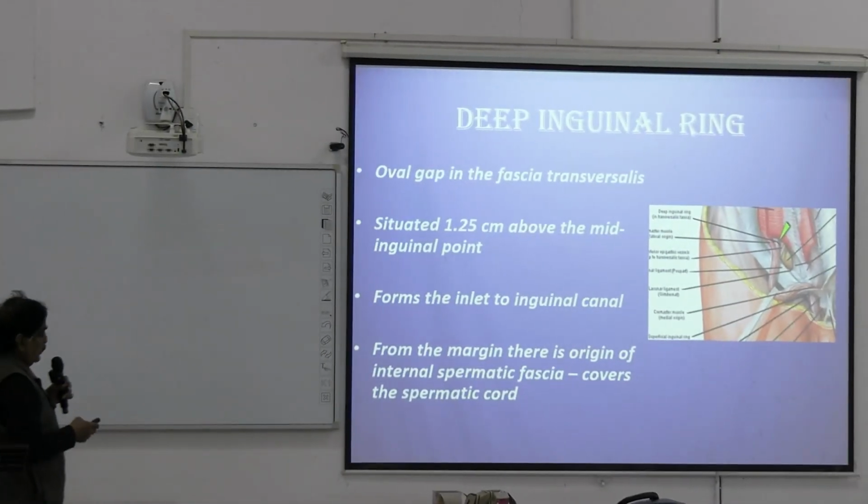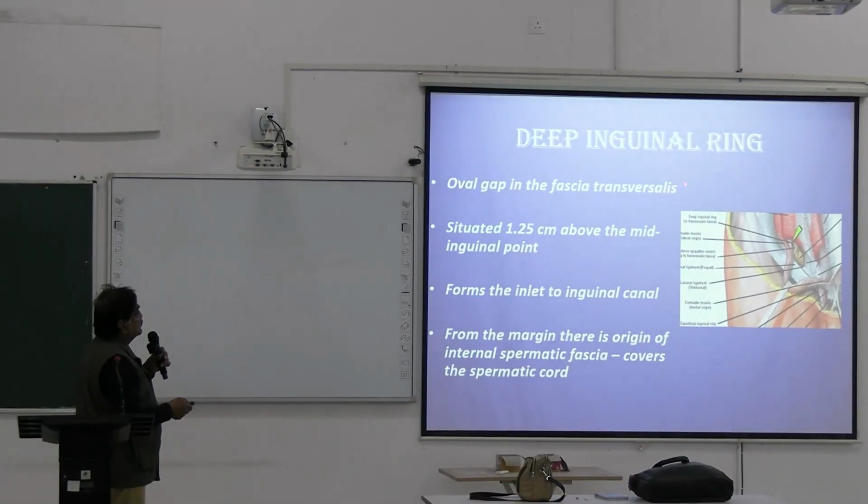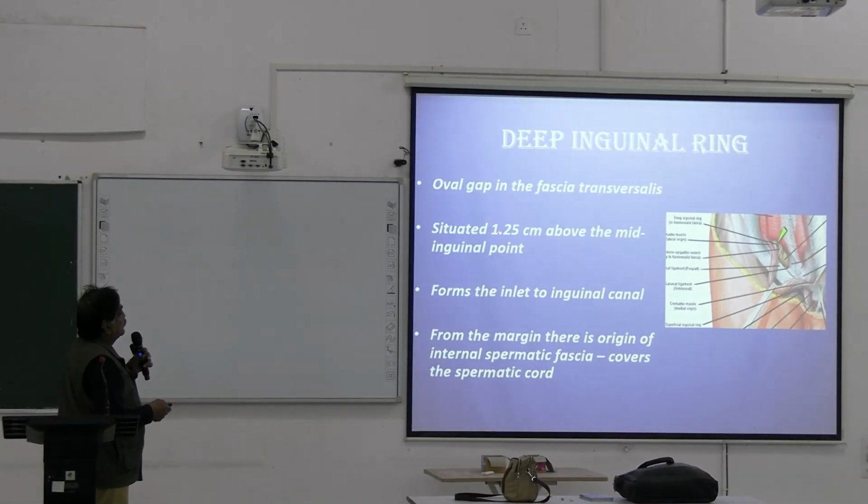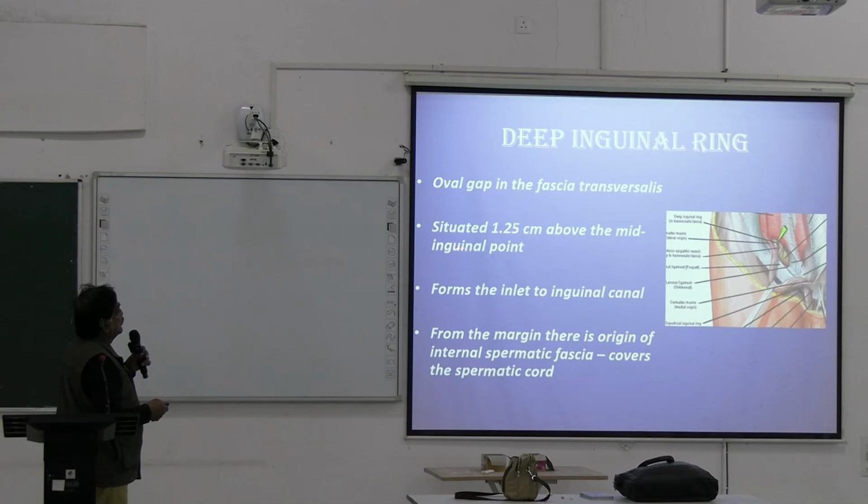Now, deep inguinal ring, it's an oval gap in the fascia transversalis situated 1.25 centimeters above the mid-inguinal point. Okay, forms the inlet to the inguinal canal. Forms the margin, there is origin of internal spermatic fascia, covers the spermatic cord.